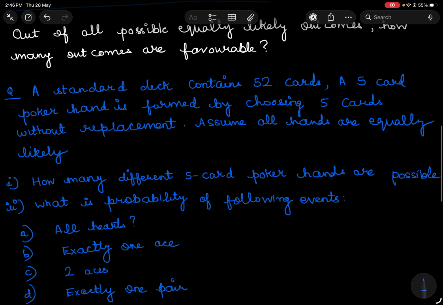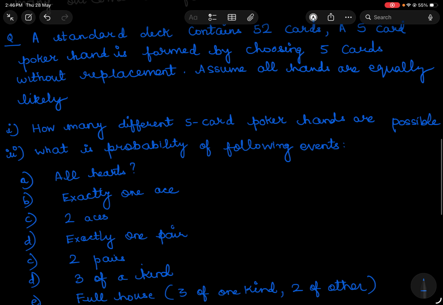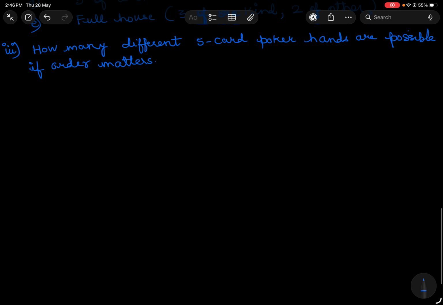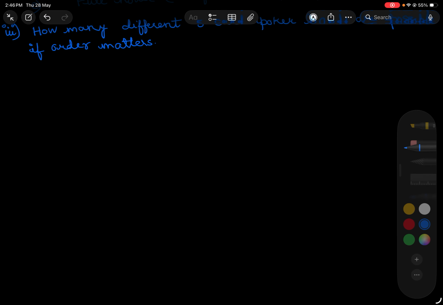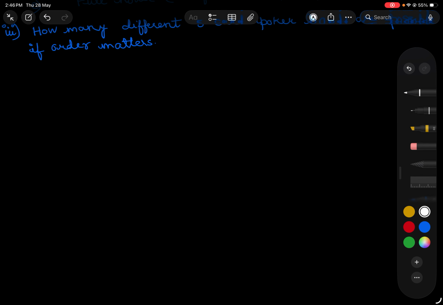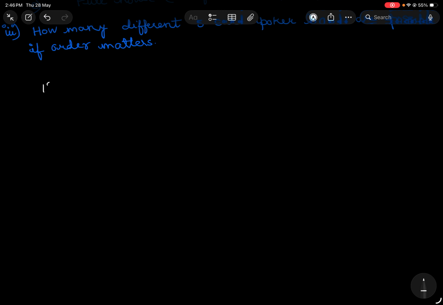So there is a standard deck of cards. For anyone who doesn't know, a deck of cards has 52 cards. There are 13 cards of one type. So there are 4 different types of cards: a diamond, a club, a heart, and I think a spade.